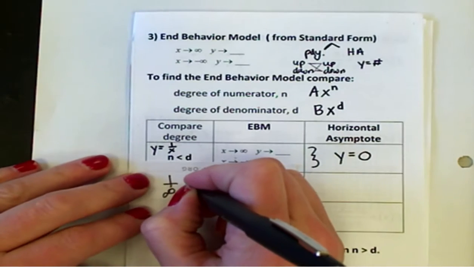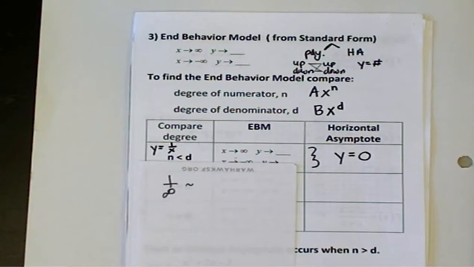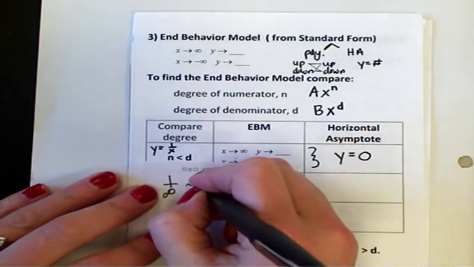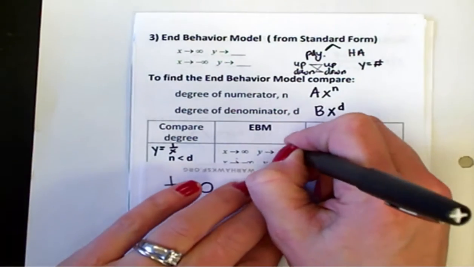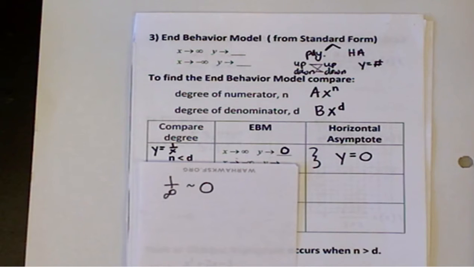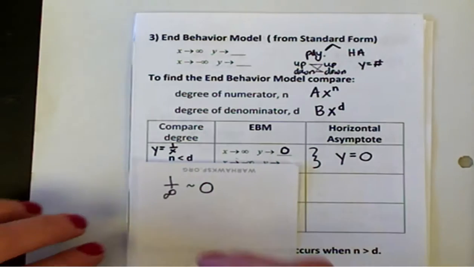How about if I say it is approximately 0? 1 divided into an infinite number of parts. Take your pie and make infinite slices. How big is each slice? 0. Approximately 0. It is a concept, it's not a number. That is true. That's why we're saying approximately.